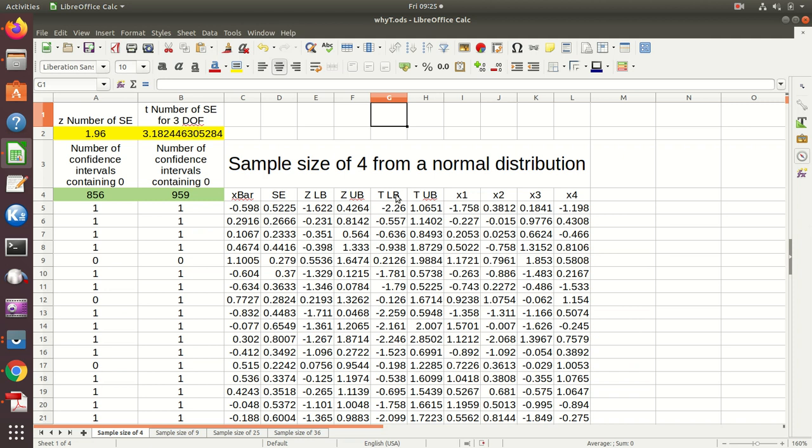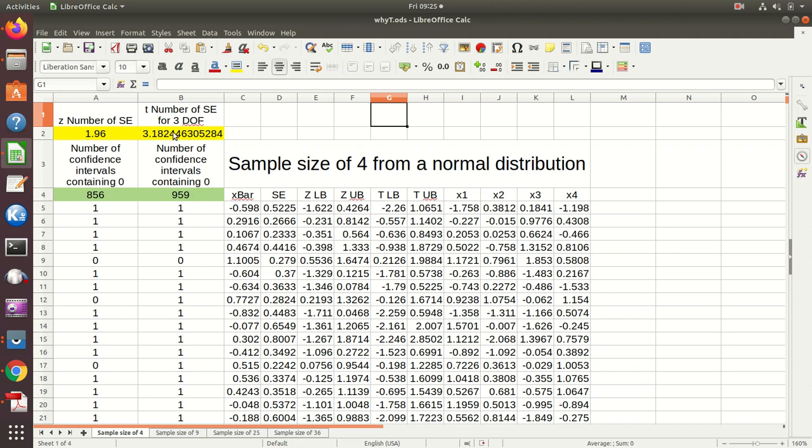We take our 4 data points and subtract 1, and that's our degrees of freedom. We don't really need to get into why we designate it that way. If it's 4 data points, we call it 3 degrees of freedom. If it's 10 data points, we would call it 9 degrees of freedom, and so forth.